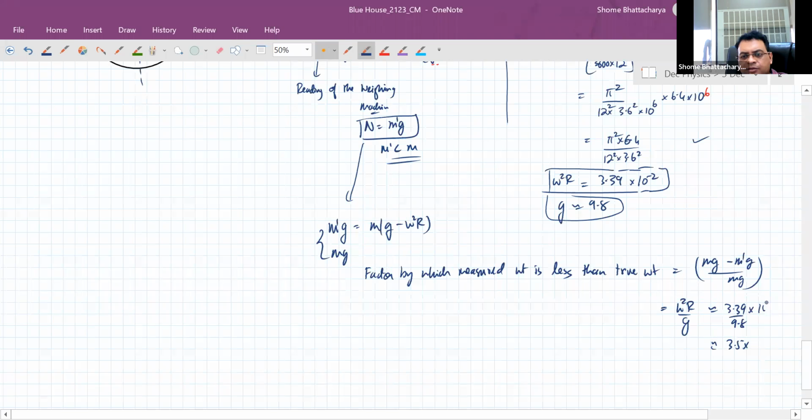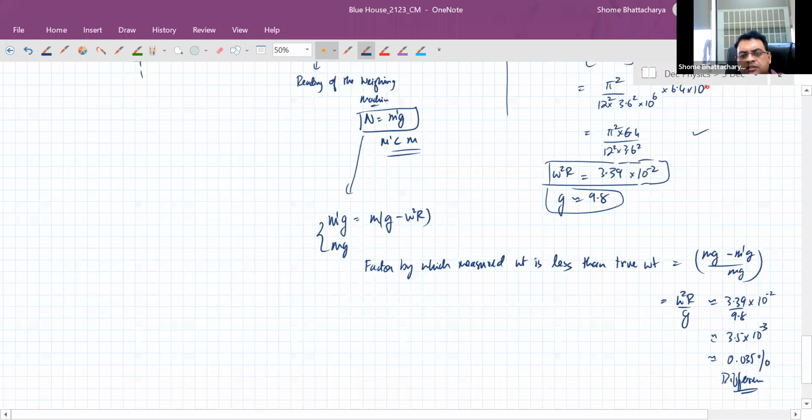So a little bit of patience is required in these types of questions for doing the calculations. Okay, so this is the factor. You can say it is by 0.035% difference. You convert this fraction into percentage. So there's a 0.035% difference between true weight and apparent weight. Percentage error in measured weight.